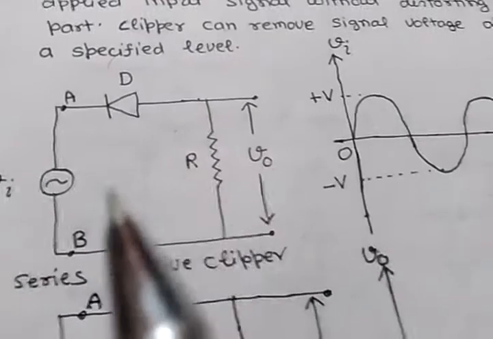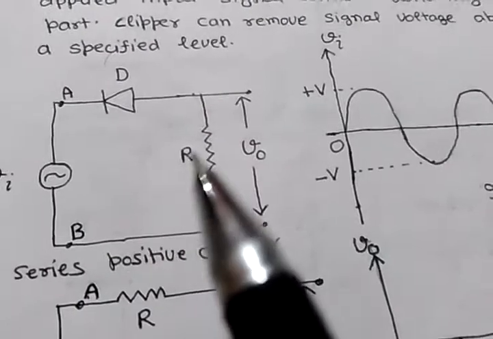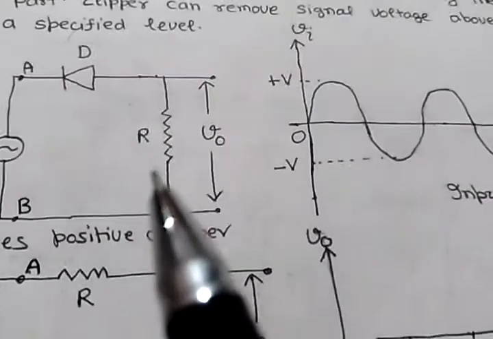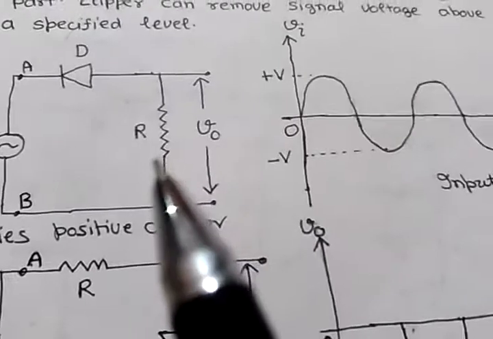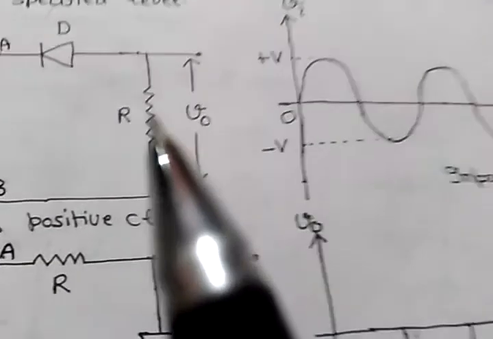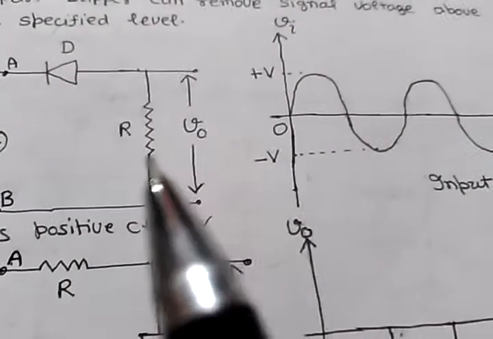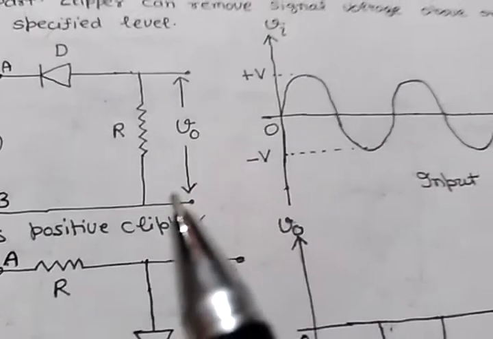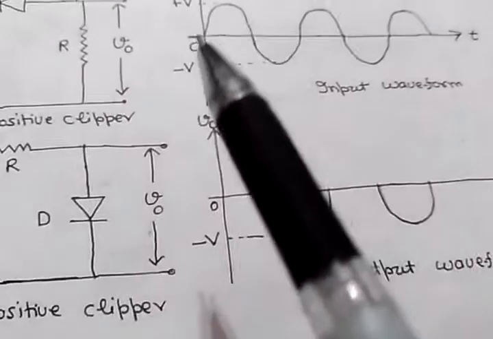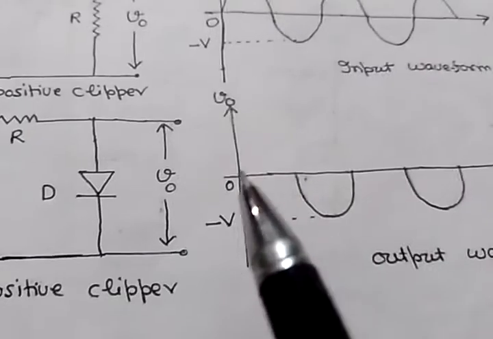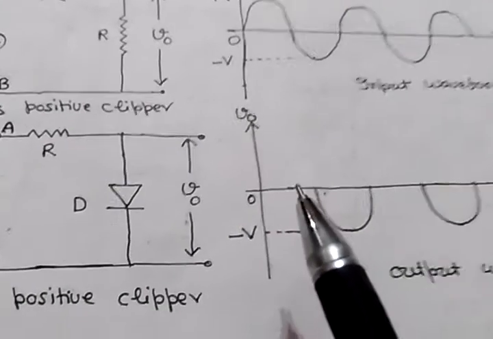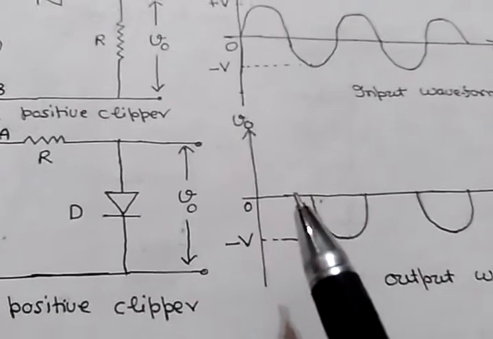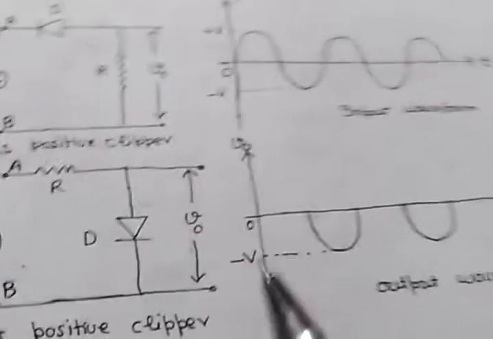So no current will flow through the resistance R during the positive half cycle, and when the current through R is 0, the voltage across R will be 0, and the voltage across R is the output voltage of this clipper circuit. So during the positive half cycle we will get 0 voltage at the output, meaning the positive half cycle will be clipped completely at the output.